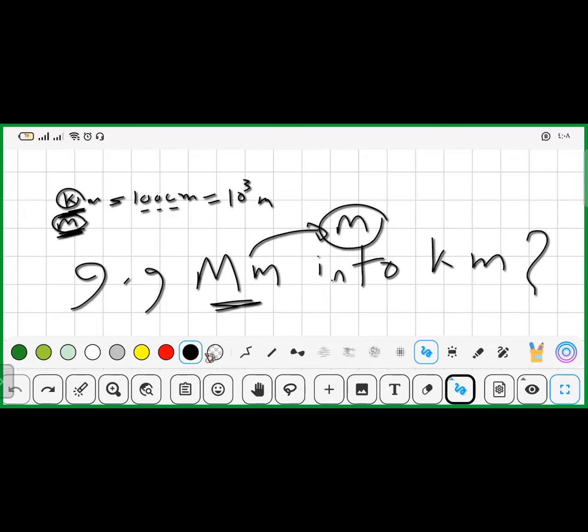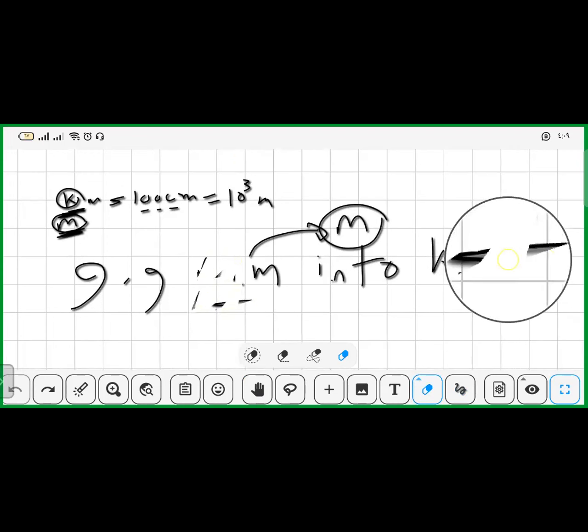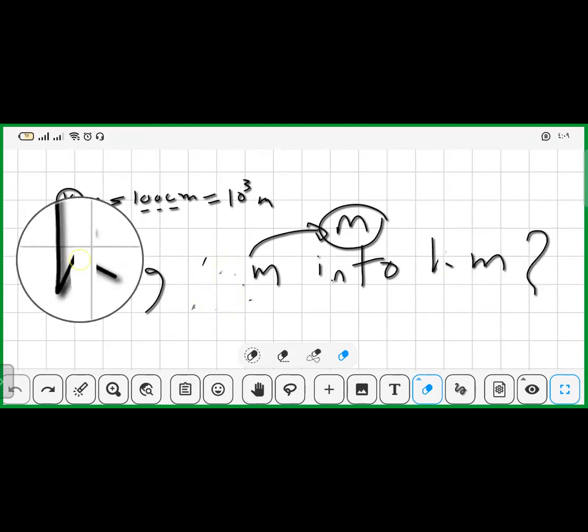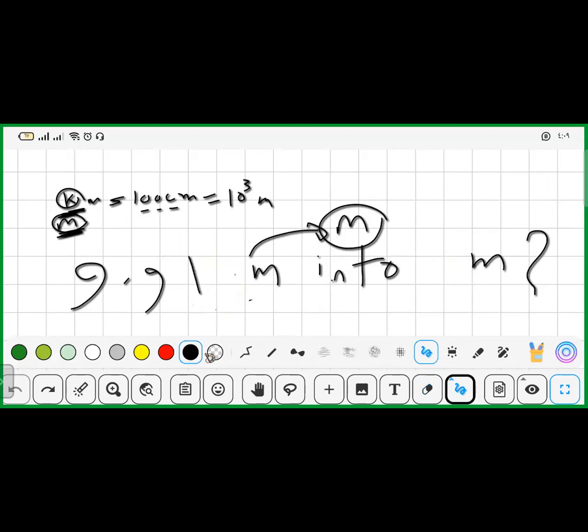From megameter to meter. We can exchange this example by micrometer. To facilitate this problem first, then we can go to the complex one, from kilometer to micrometer.